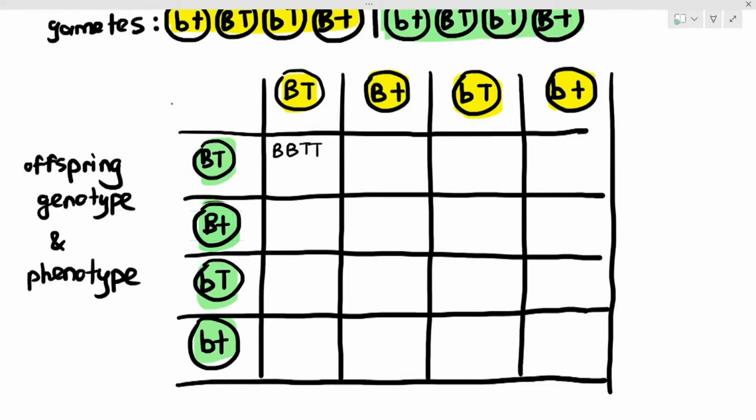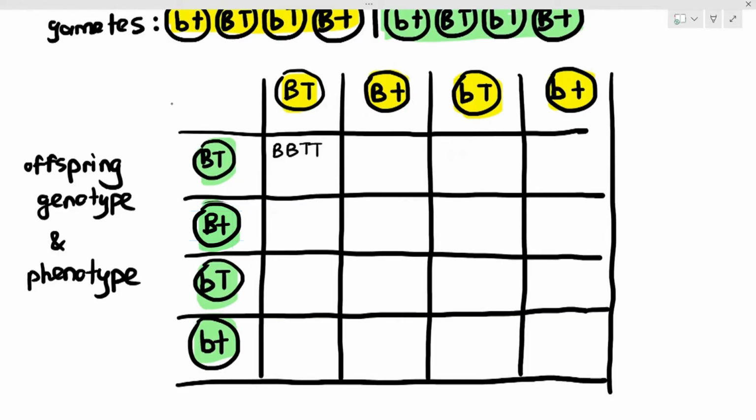You can pause the video, draw out your own Punnett square, put in all these alphabets, and I want you to correctly fill in all the genotypes of the offsprings. All right, and once you're done, unpause it, and you may then see if your answer is correct.